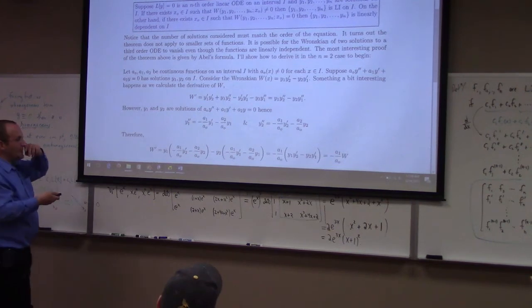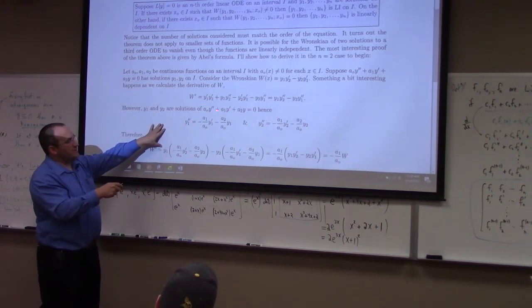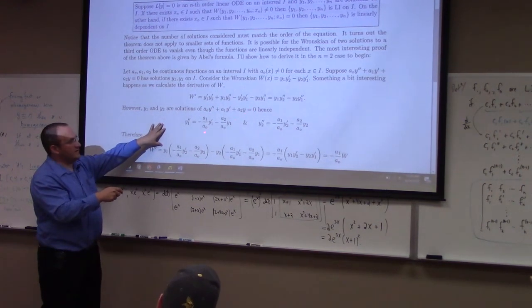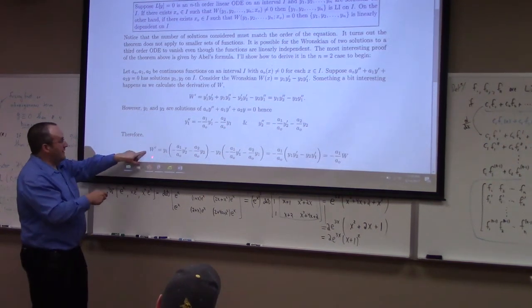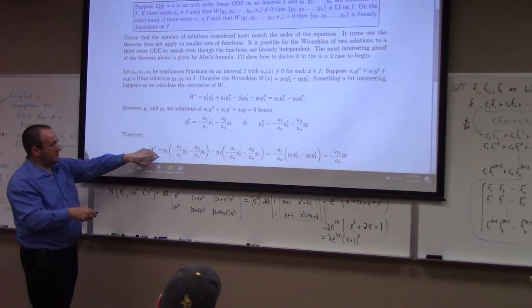So if they're both solutions to this differential equation, that means we can rewrite y double prime in terms of y prime and y and the coefficients, like so. And if I take these and plug them back in here, I get W prime is equal to this and that. But some things cancel out here.